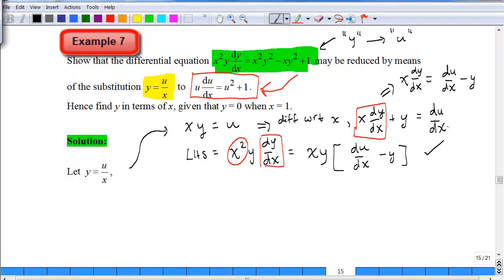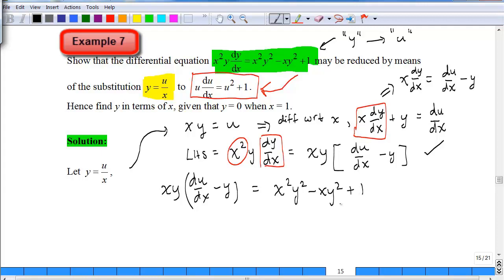So that's the left side. On the left side from the original equation I will have xy du dx minus y, and on the right side I will have x squared y squared minus xy squared plus 1.